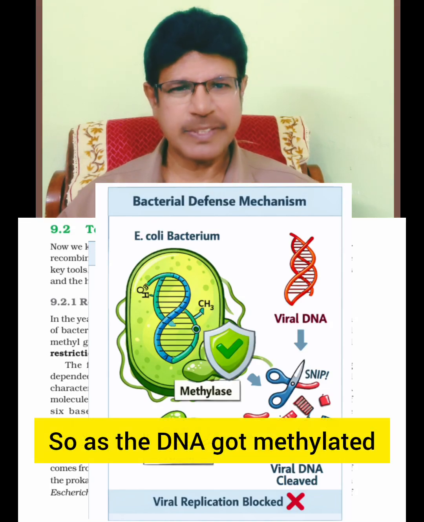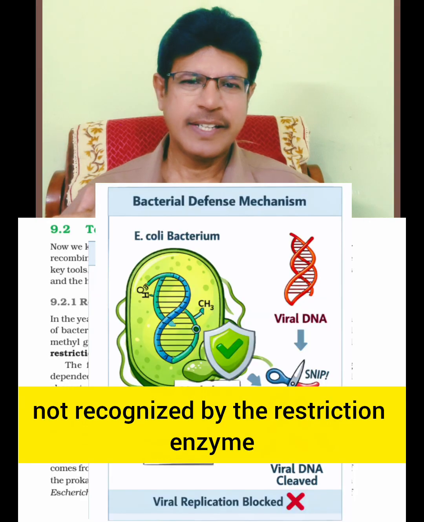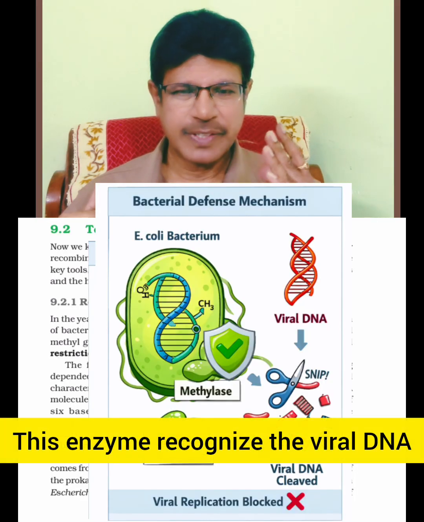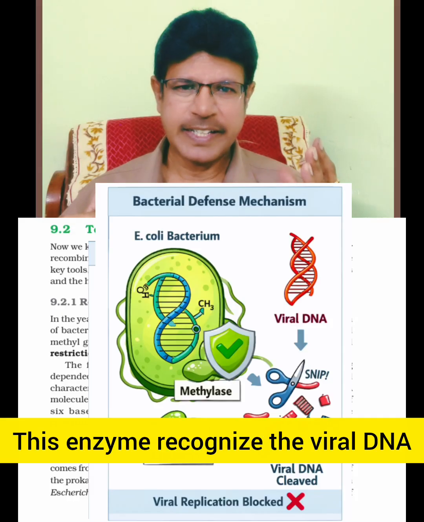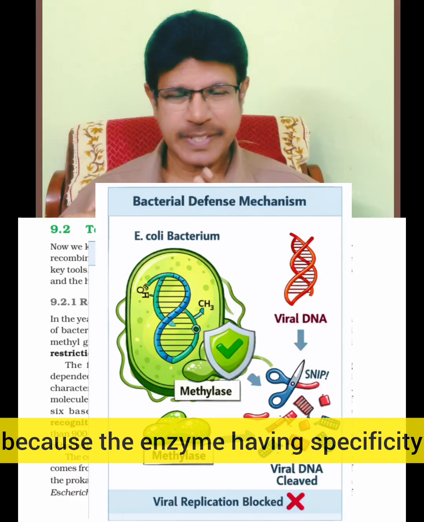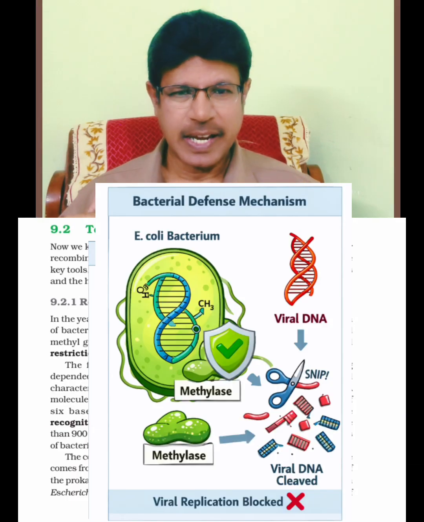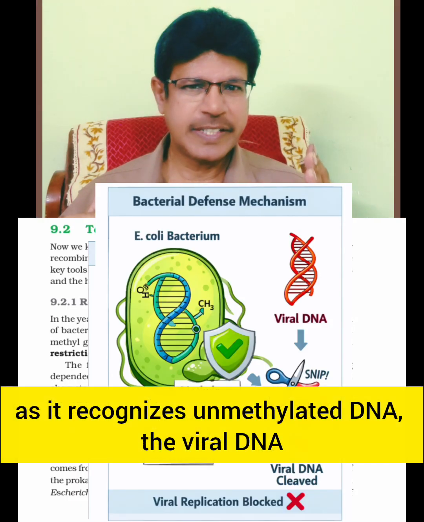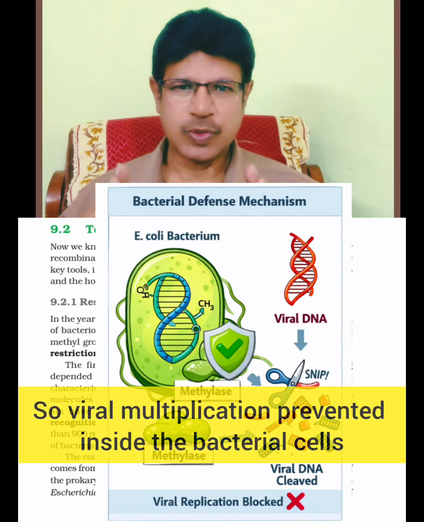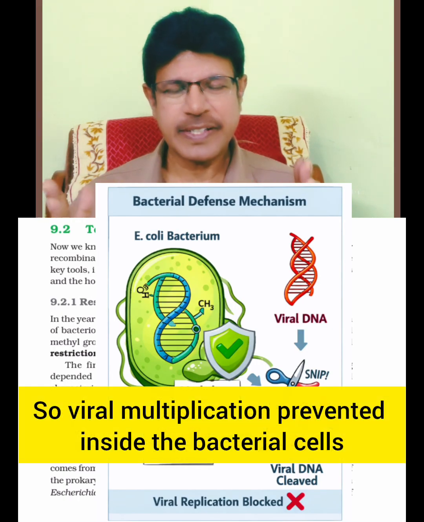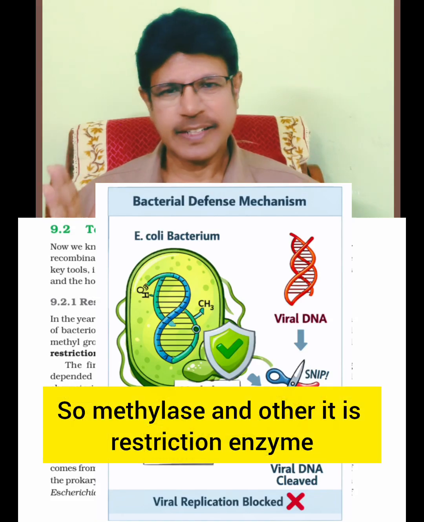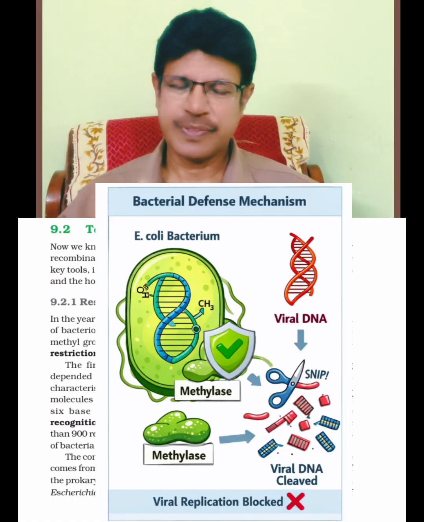As the DNA is methylated, it is not recognized by the restriction enzyme. This enzyme recognizes the viral DNA that is unmethylated. Because the enzyme has specificity, as it recognizes unmethylated viral DNA, it cleaves the viral DNA into fragments. So viral multiplication is prevented inside the bacterial cells. So there is methylase, and the other is the restriction enzyme.